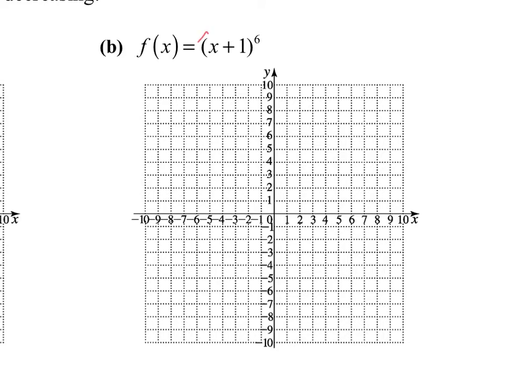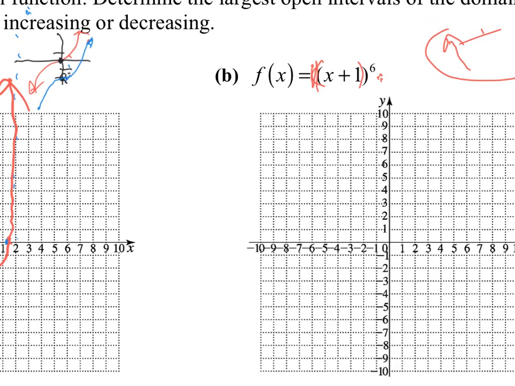This is the whole quantity to the 6th power. And I know it's an even power, so guess what? Both sides have to be going up, or both sides have to be going down because, well, the A is a 1. It's positive. Both sides are going to go up. You understand what I'm saying? So I have an idea.